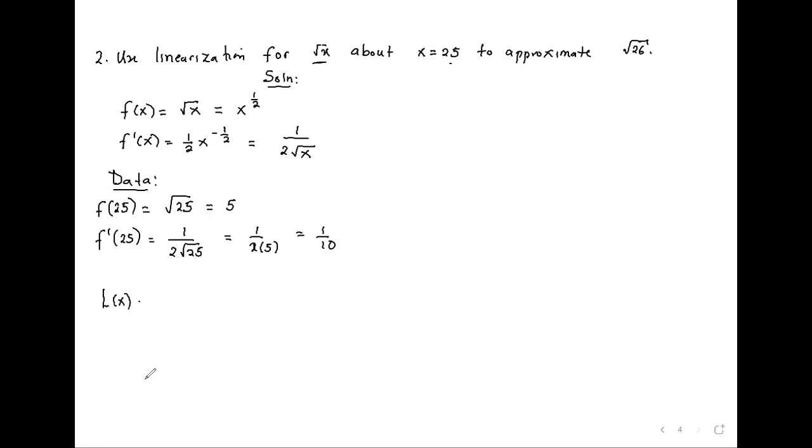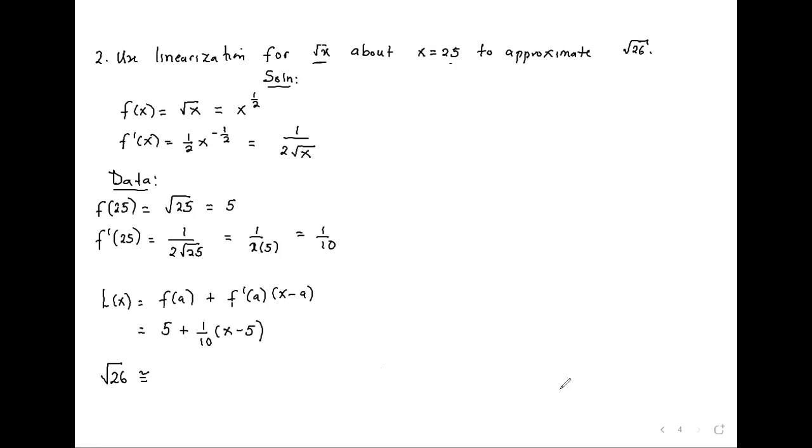Linearize. So L of x is going to be f of a plus f prime of a times (x minus a), which is 5 plus 1 over 10 times (x minus 25). Now what is x? Our target is to approximate the root, we don't find the actual value.